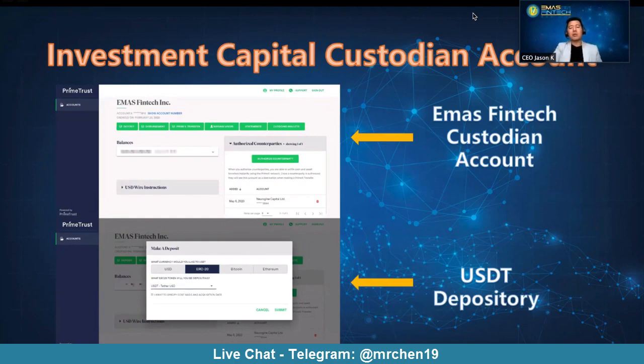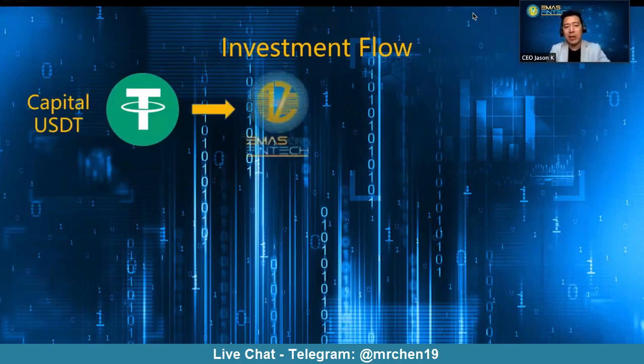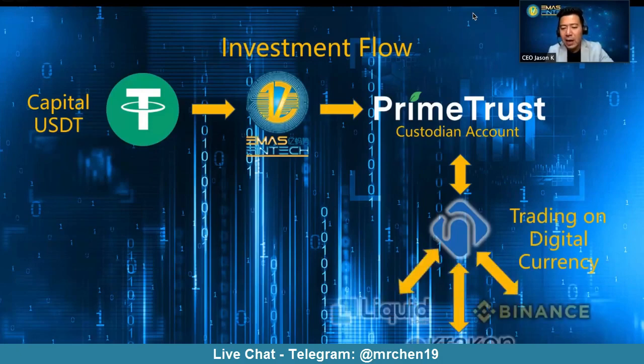Talking about the investment flow: we collect in USDT, you invest to Emas Fintech, and we send it to Prime Trust under our custodian account. Every time we trade, it is based on our trading engine, and we trade with these three exchanges. What about profit? I believe this is one of the very important things as well.